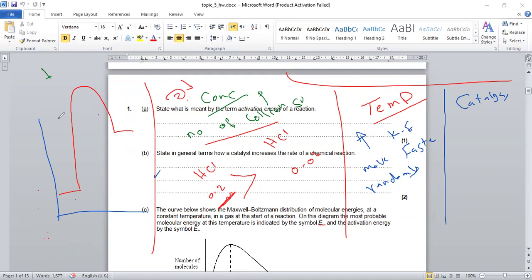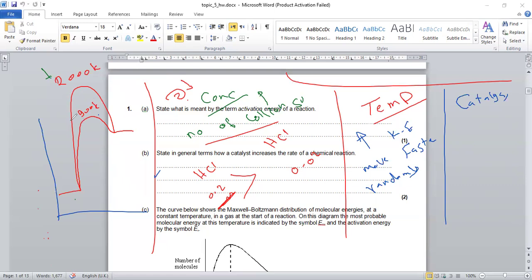It will take more time to activate. Activating at 2000 kilojoules will take more time than activating at, for example, 900 kilojoules, which takes less time.